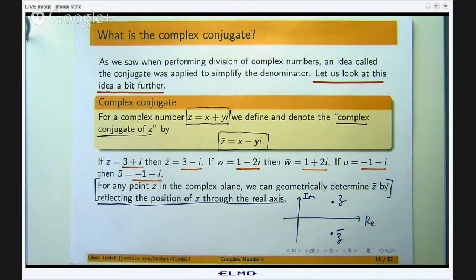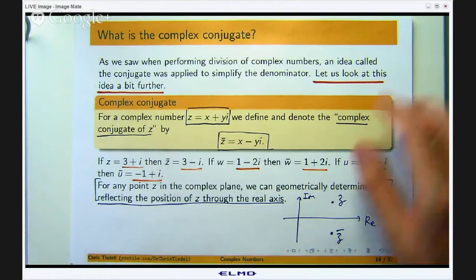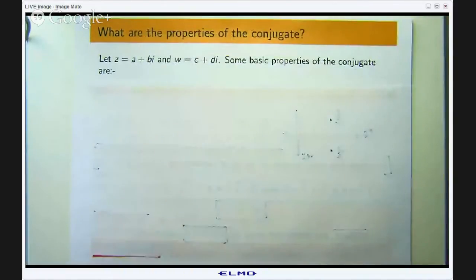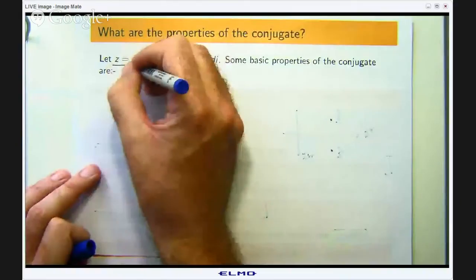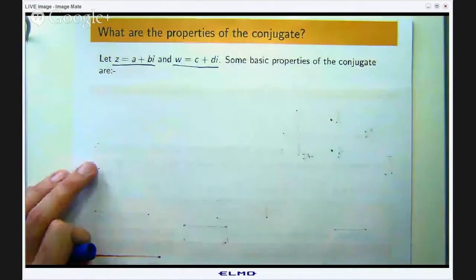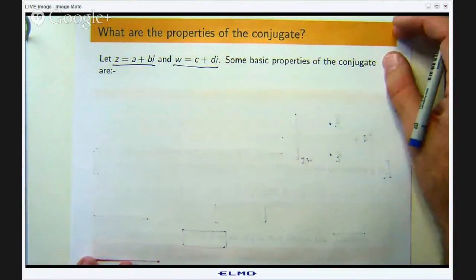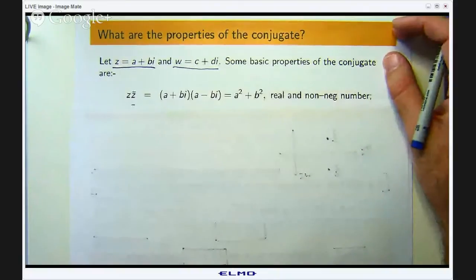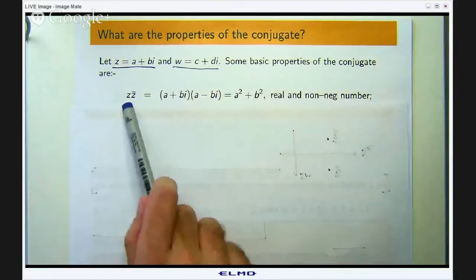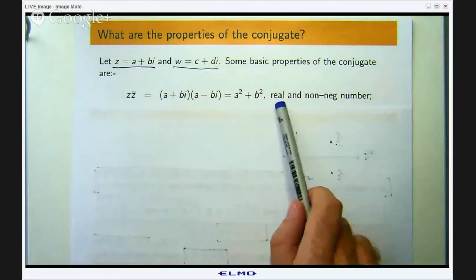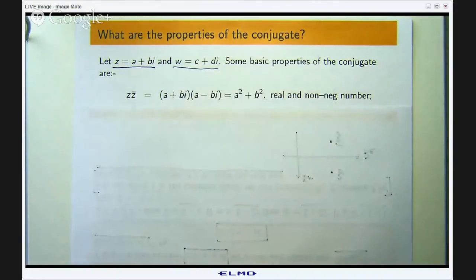Okay, so let's look at a few properties of the conjugate, and I'll do a simple example in a minute. Suppose I have, say, a complex number z and a complex number w. Then I'm going to just give you a list of some of the basic properties, kind of like a reference list if you like. Okay, firstly, if I multiply a complex number with its conjugate, then I always get a real and non-negative number.